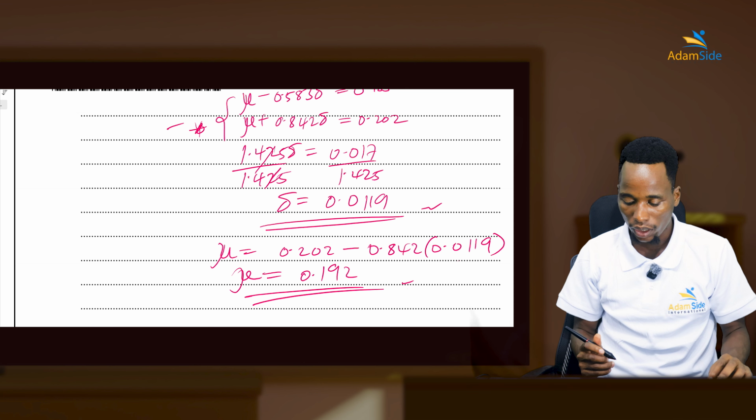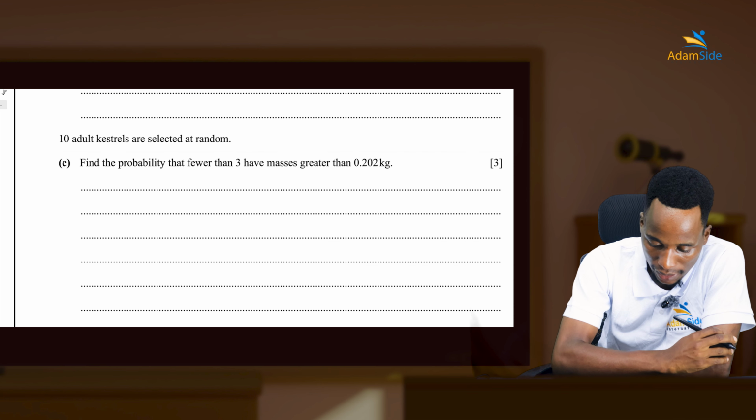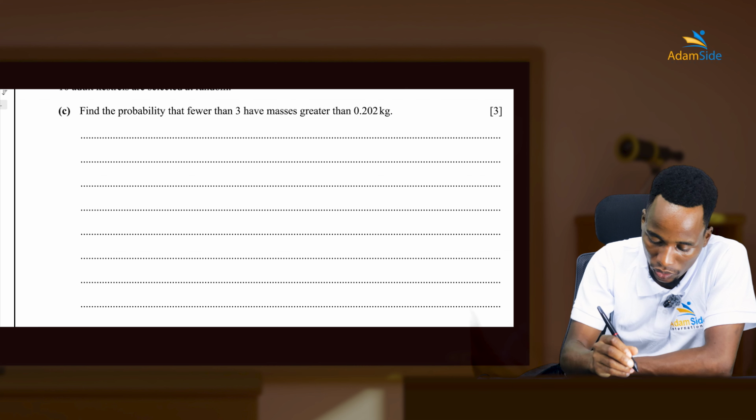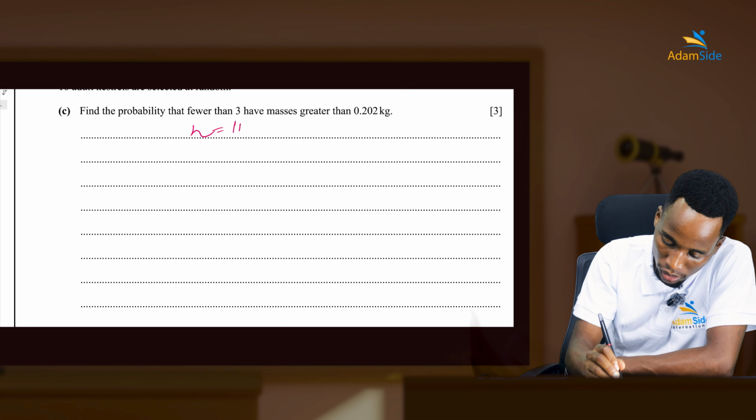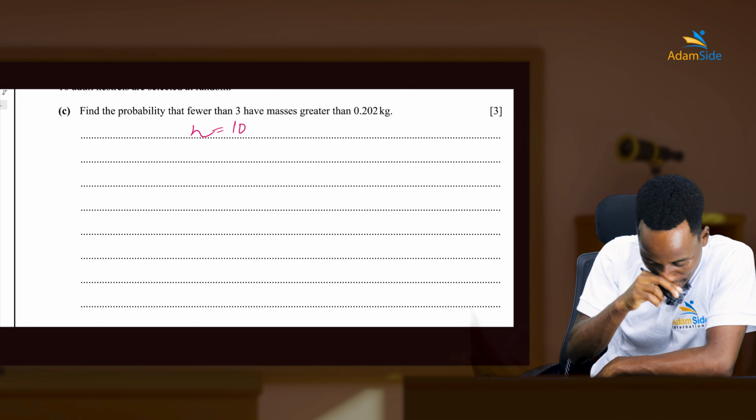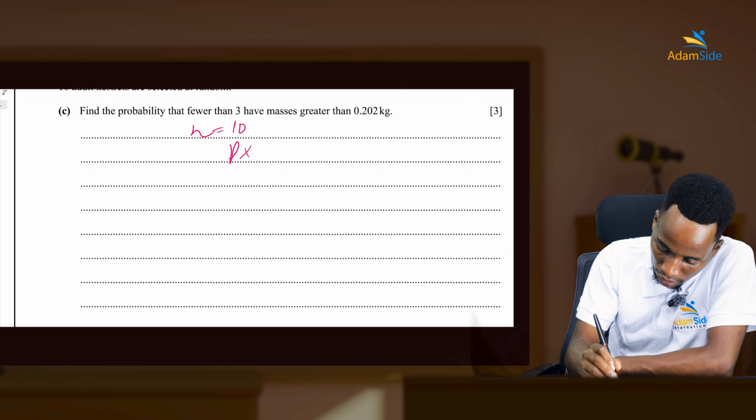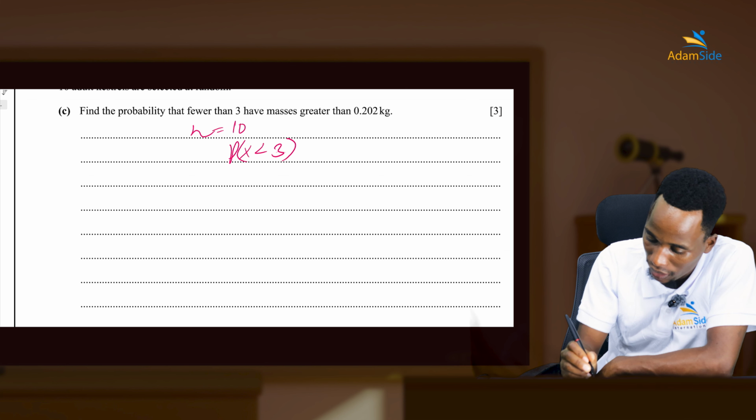Now we're going to the last part. It said 10 adults cases are selected at random, so our n equals 10. Find the probability that fewer than 3, P of X less than 3, have masses greater than that mass. If we go up here, the mass greater than 0.203 was 20%.